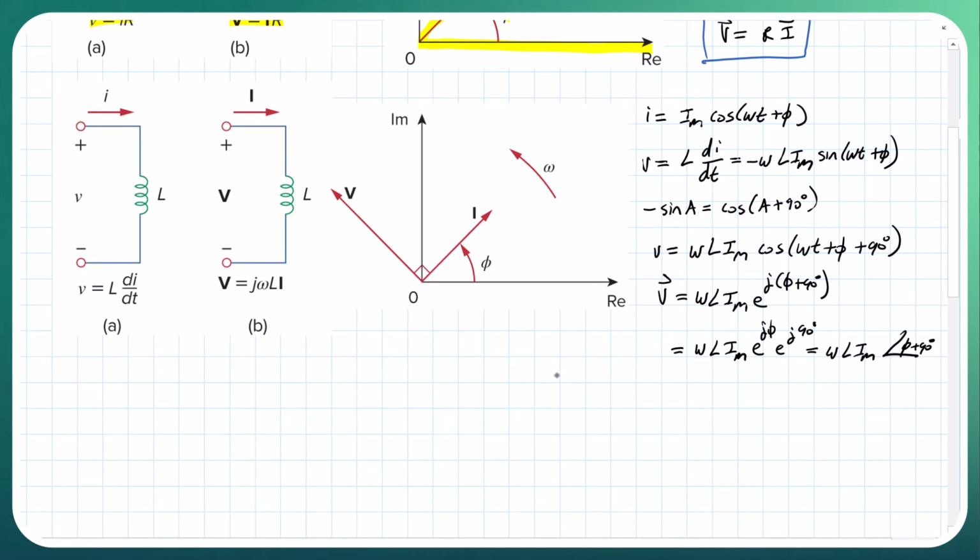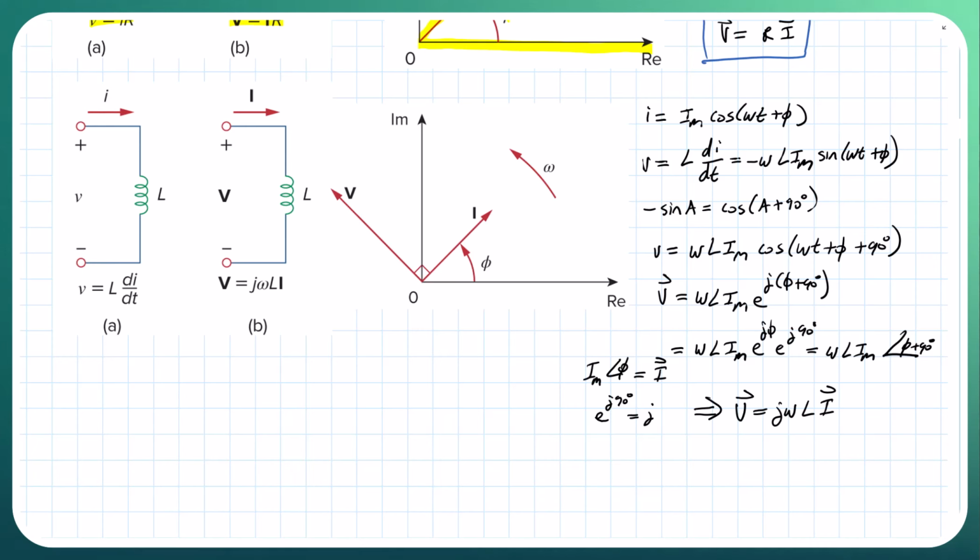But we know that Im at the angle phi is just the vector I, and we know that e to the j 90 degrees is just j, so then we can rewrite this relationship as our vector V equals j omega L times our vector I.